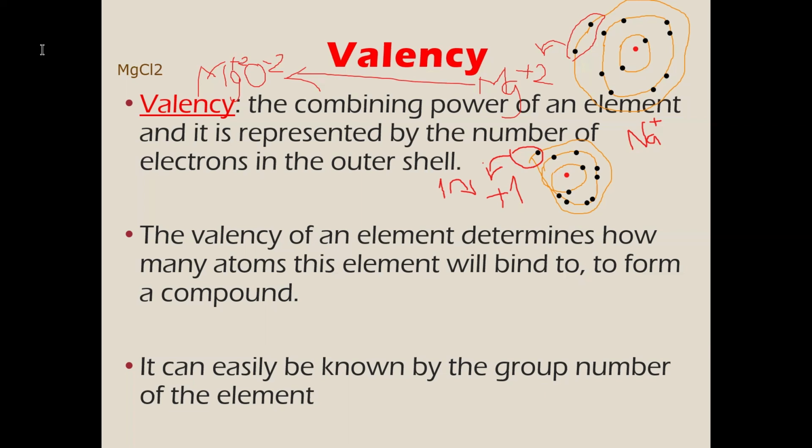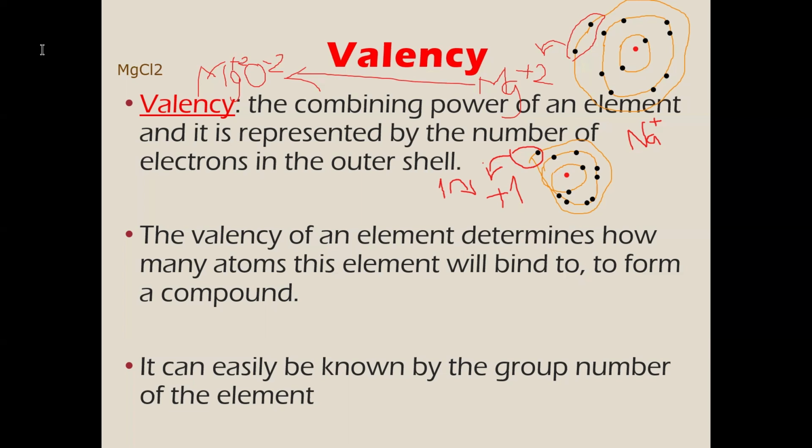But for the nonmetals, remember, the valency is how many electrons the atom will gain or accept, because nonmetals have more than 4 electrons in the outermost shell, so they can gain electrons. Like oxygen, which has 6, so it can gain 2 more electrons and its valency is 2, like magnesium, because magnesium can lose 2 while oxygen can accept 2.